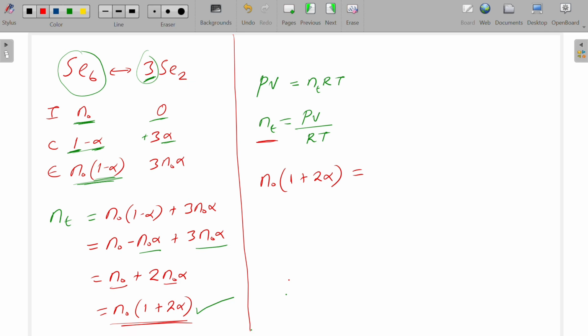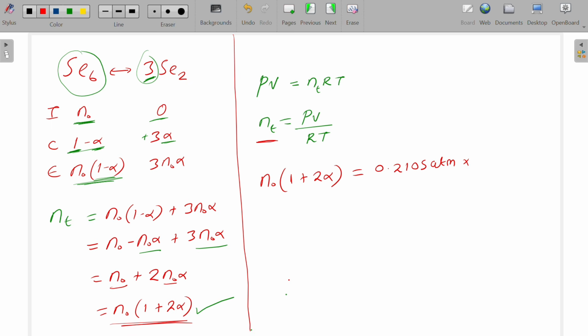This will be equal to what we have there, PV over RT. Now, the pressure, if we still remember our data on the other side, we have a pressure of 0.2105, and this is in the units of atm.